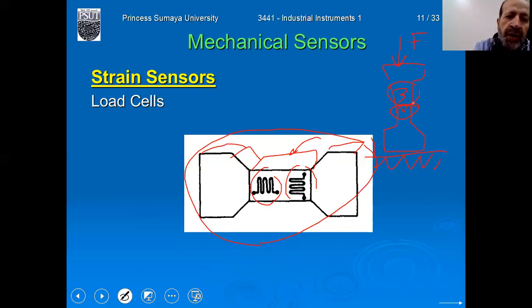For example, if you have a weighing machine like this to measure your weight, with a digital readout here, then we usually have a strain gauge here, here, here, and here. Sorry, load cells. So we have 4 load cells, and the reading here is the average of these 4 load cells, divided by 4, to be more accurate.